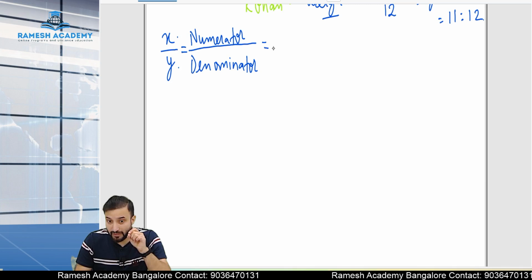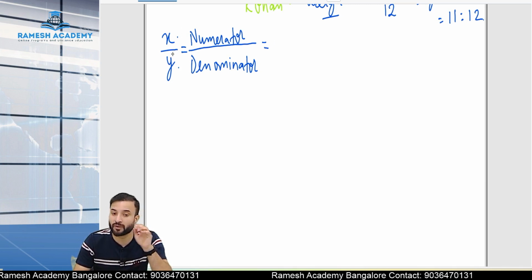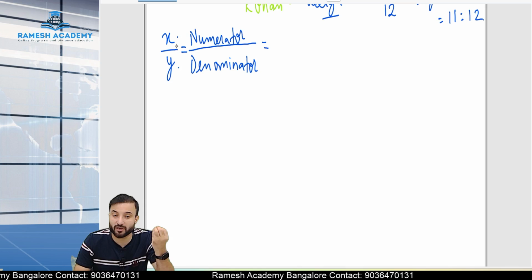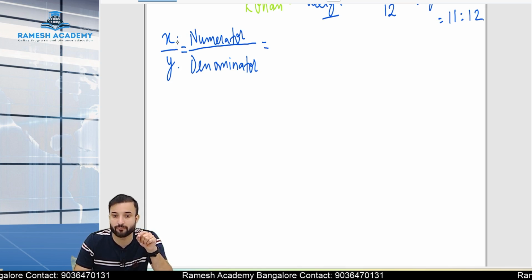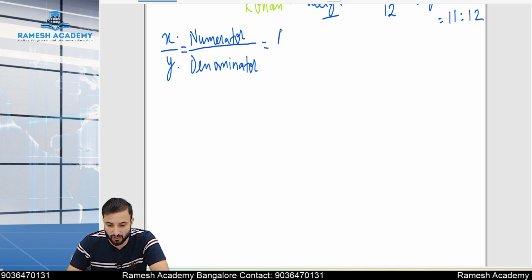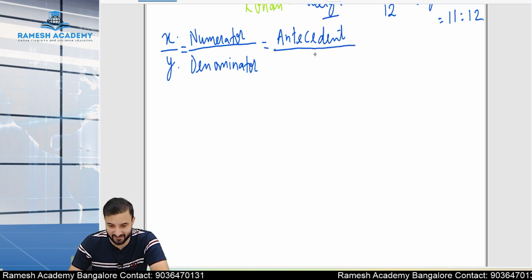But in ratio and proportion, it will not be numerator and denominator. The name is changed. Why am I telling you the new name? Because in the question they will use the new name, so you have to know about it. The new name is not numerator, it is antecedent.